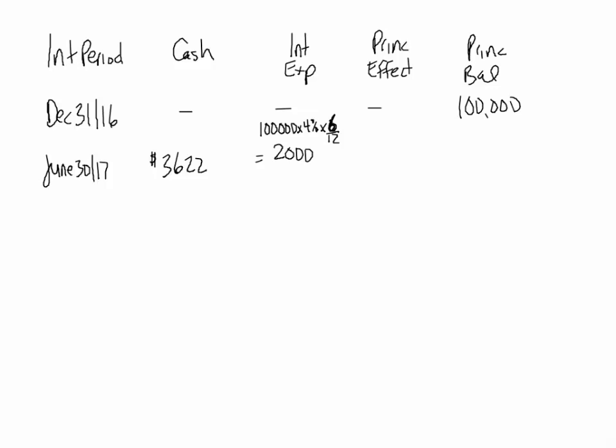We're going to take the $3,622 and subtract the $2,000, and that will tell us how much the decline in the principal is going to be. And the decline in the principal is going to be $1,622. Therefore, if I take this away, minus $1,622, it tells me how much the principal is remaining after this, and that's $98,378. We're now going to make an entry for this.